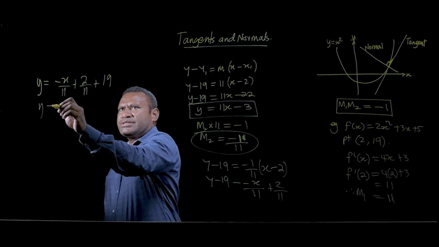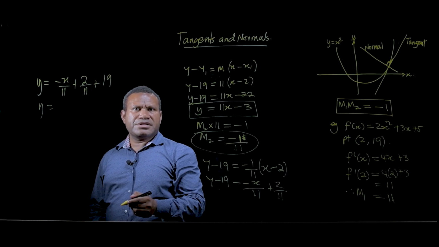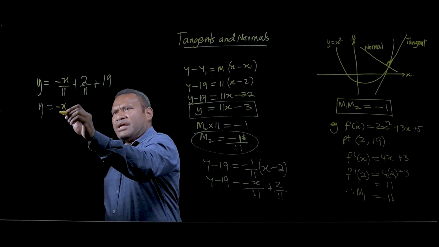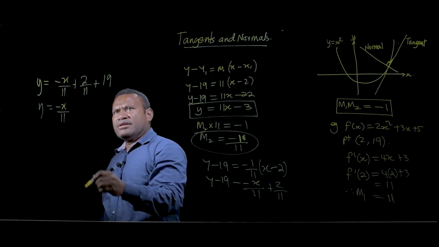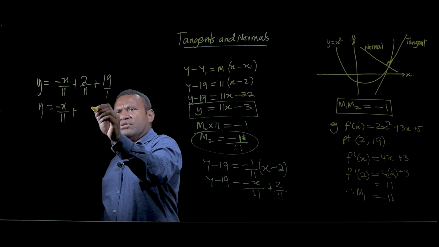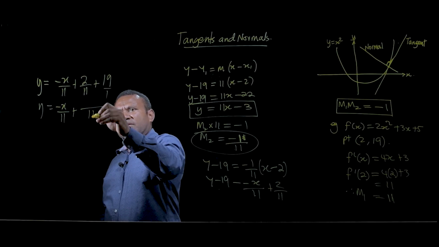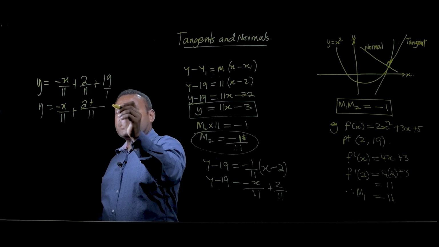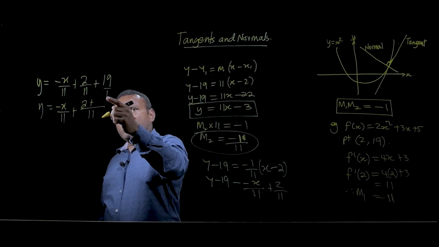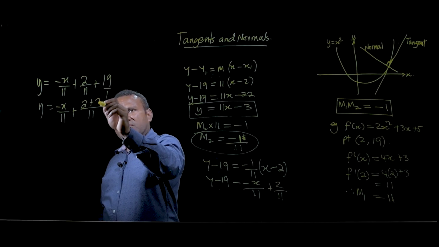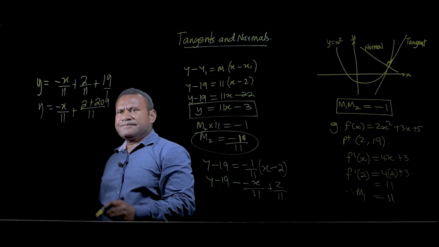The rest is evaluating this part, and that becomes the equation of our normal. Minus x over 11 plus, the LCD here is 11. 11 into 11 is 1, 1 times 2 is 2, plus 11 multiplied by 19, which is 209.